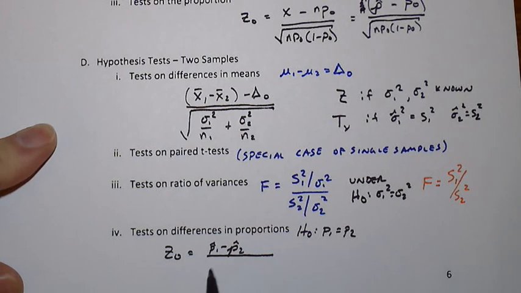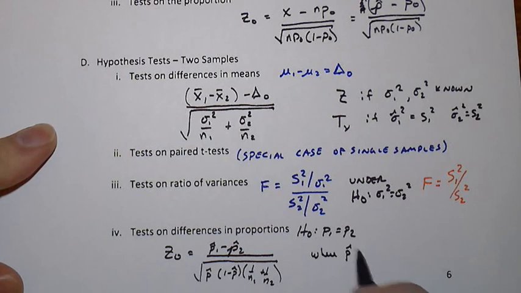That should be 0. And then you get p hat times 1 minus p hat times 1 over n1 plus 1 over n2, where p hat is really a pooled version here, x1 plus x2 over n1 plus n2.